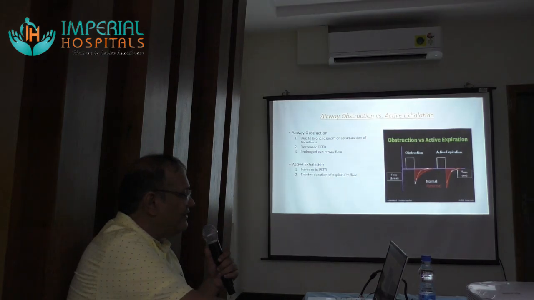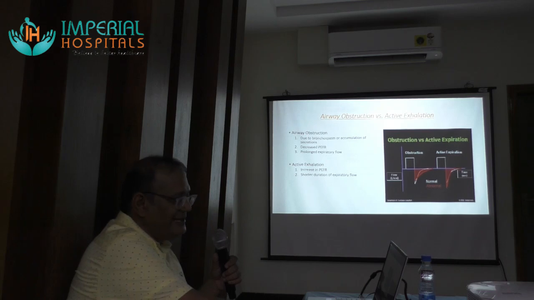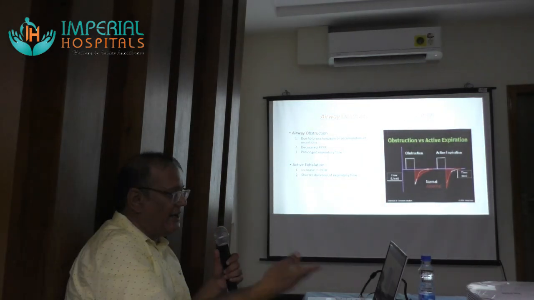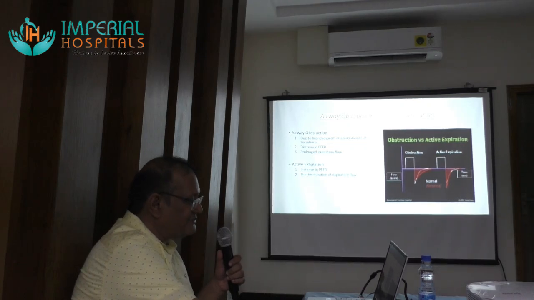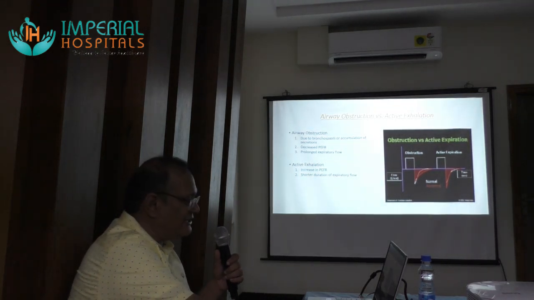So in airway obstruction, right, it could be either due to bronchospasm or accumulation of secretions, you will see a decrease in peak expiratory flow rate. See, the red part is the abnormal part, where the airway obstruction has occurred. The white is where the normal mechanical ventilation is going on.